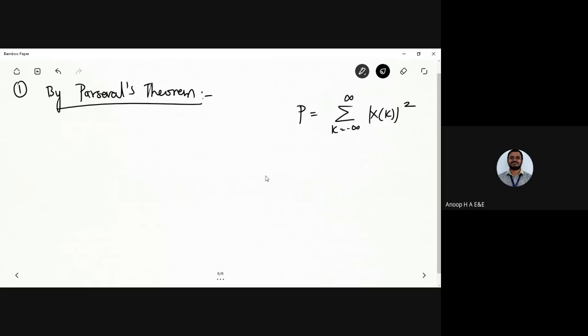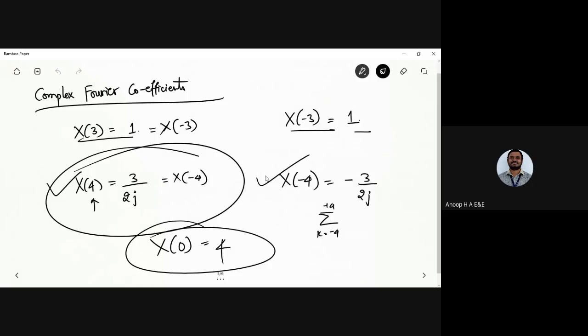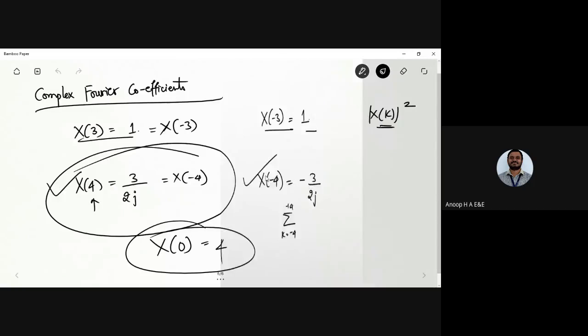Now what is there here? P of minus 4. What is the power here? You are going to square the complex Fourier coefficients. So x of minus 4 is what you are going to get. What is x of minus 4? Go back to the complex Fourier coefficients if you have done it. x of minus 4 would be equal to minus 3 divided by 2j.